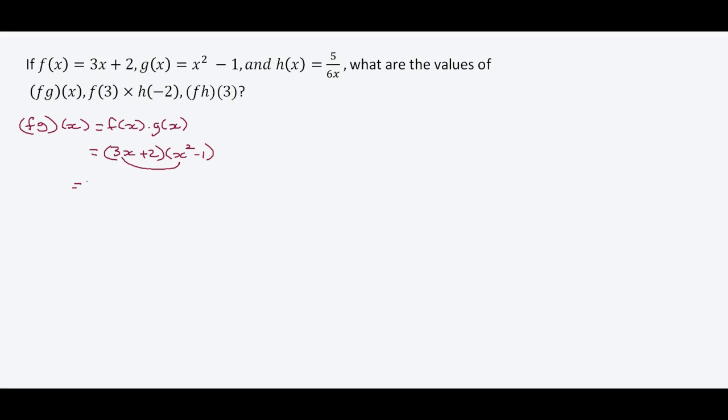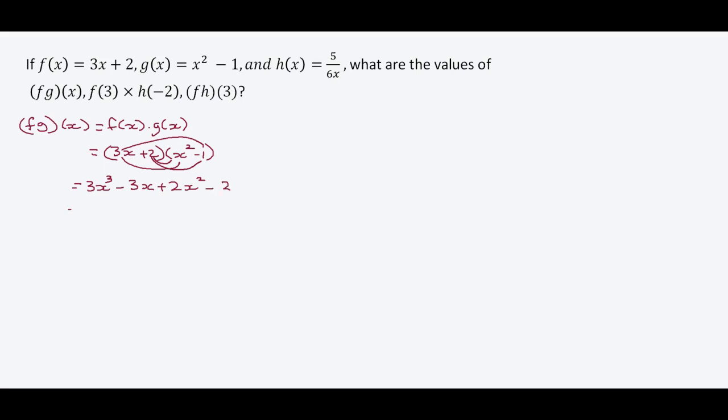So we have 3x cubed, then we're going to multiply here, minus 3x, then we multiply this right here, plus 2x squared, and then we multiply this right here, and we have minus 2.